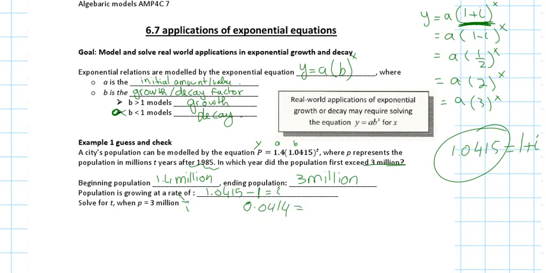If I multiply this by 100, it's going to be 4.15%. So to solve this specific question, the population is growing at what rate, this is what I do. I take the 1 plus I because I know it's a growth, and I subtract 1 from it.